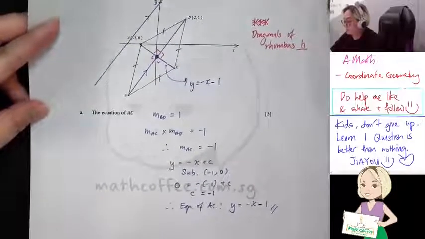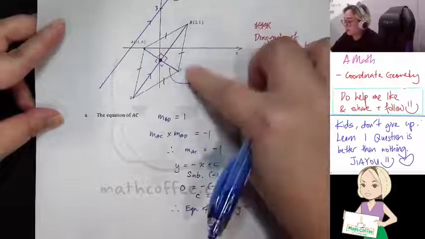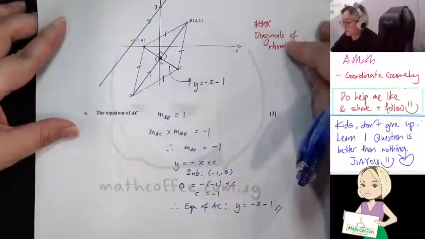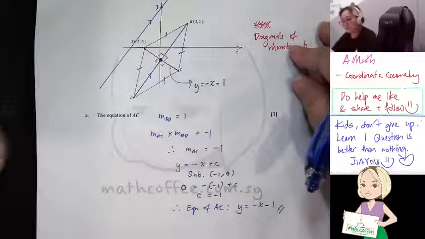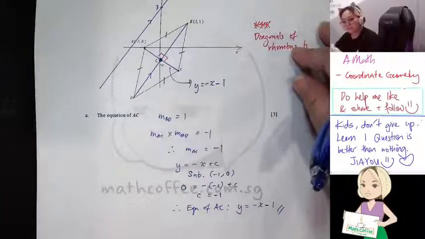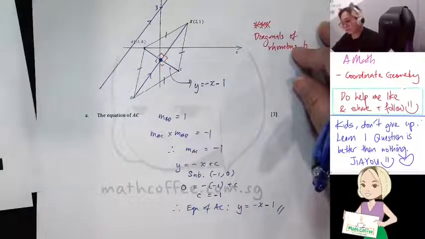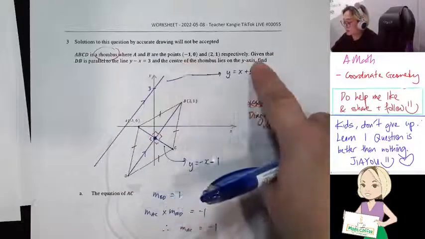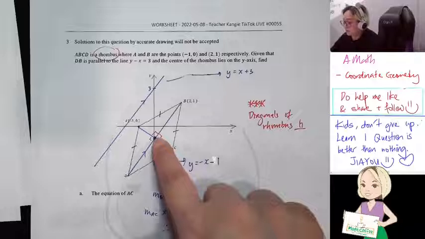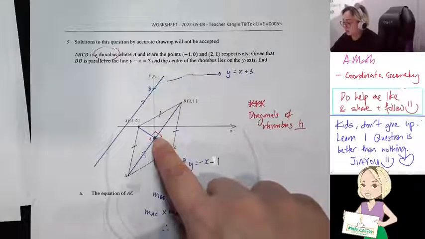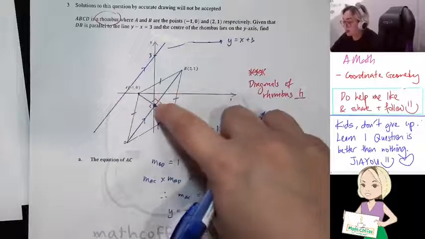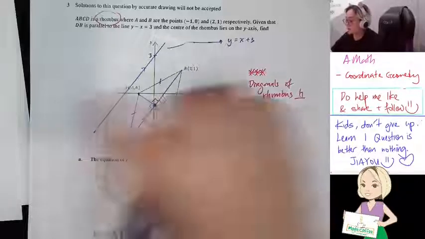Okay. So how am I going to find the coordinate C? Let's see what we have. The center, we actually already have it, because for the center, they tell us that it lies on the y-axis. We already know that this point is negative 1. So we know that the midpoint or the center is 0, negative 1.